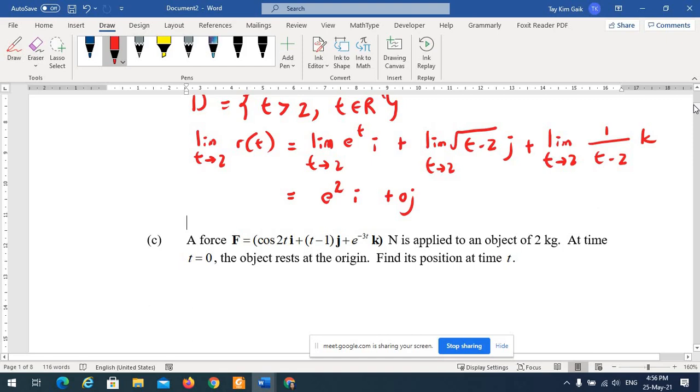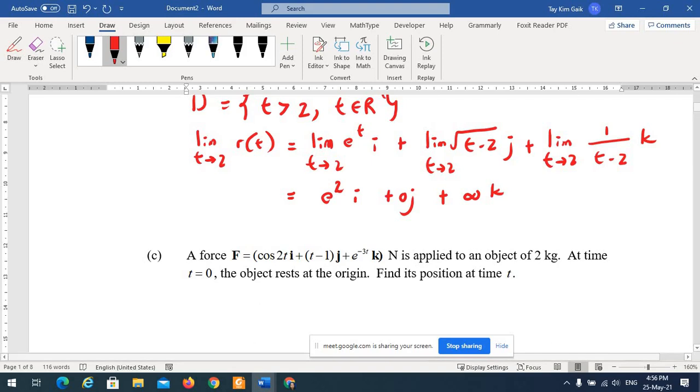But for component k, when you plug in 2, 2 minus 2 is 0, 1 divided by 0 is infinity. So if one of the components gives infinity, we say the limit of the vector valued function does not exist. Because one of them will get infinity.